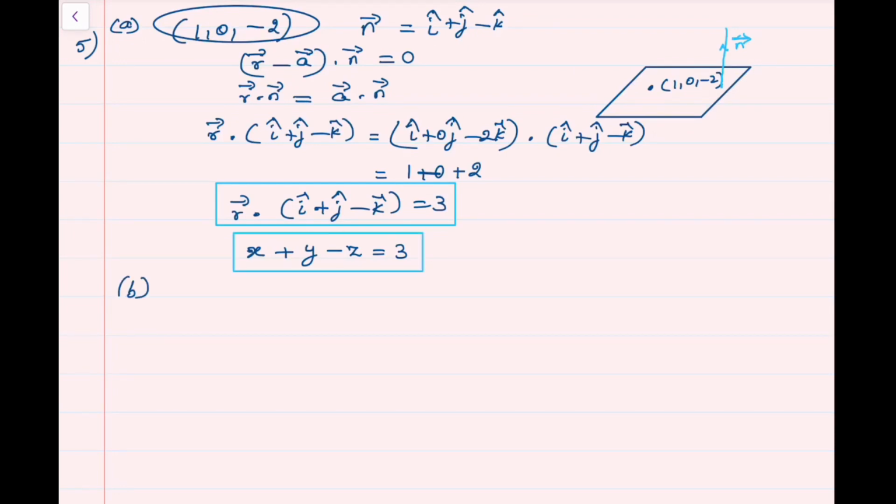Now B subdivision. Find the vector and Cartesian equations of the plane that passes through the point (1, 4, 6), and the normal vector to the plane is i cap minus 2j cap plus k cap.